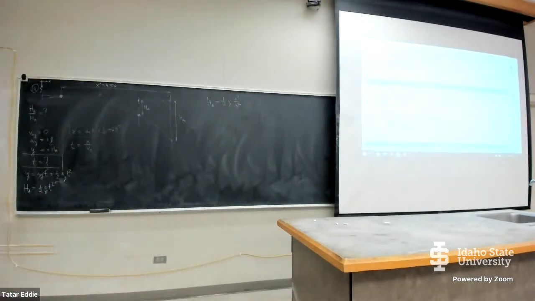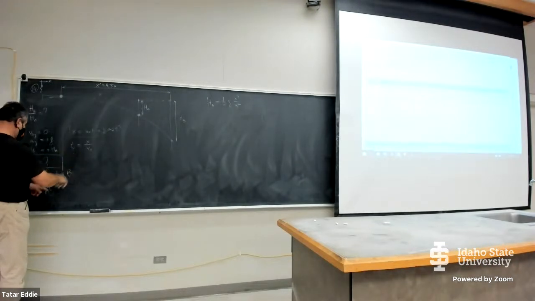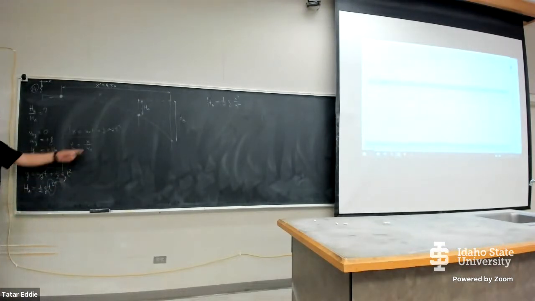Do you buy that or not quite? Why is it squared? Because t is squared right here, so I substitute t with x divided by v naught.